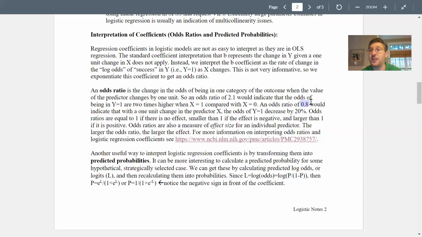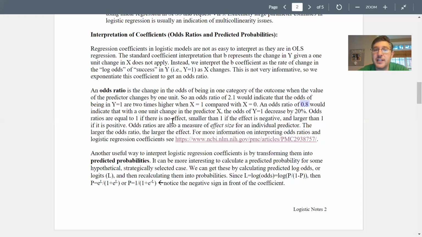So you flip the indicator and the reference group and take the inverse of the odds ratio, and that would put the odds ratio greater than 1, and then you would interpret it as going from the reference group to the indicator group indicating that increase in the odds. I talked about that in the example. We had an odds ratio less than 1, so I took the inverse of it, and then we flipped the reference group to interpret it.